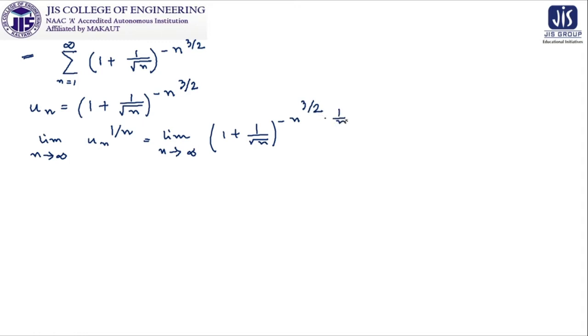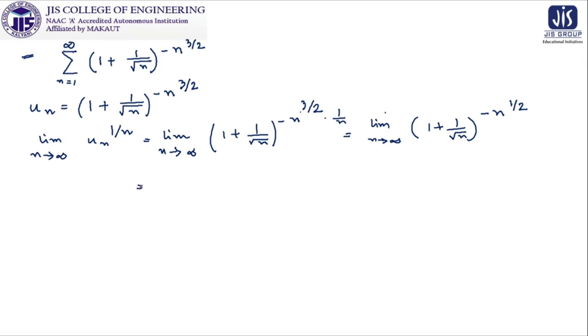into 1 by n, because it is power raised to 1 by n. Here we are going to make it in this form. So it is nothing but n to the power minus 1 and it is n to the power 3 by 2. After simplifying, we can write it as limit n tends to infinity (1 plus 1 by root over n) whole to the power minus n to the power half, with 3 by 2 minus 1 adjusted, and it is n to the power half.